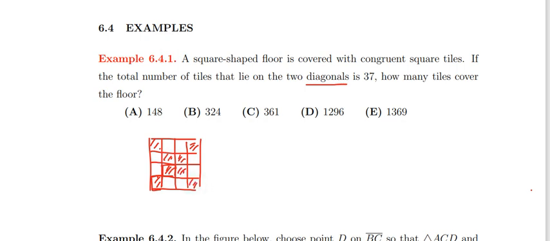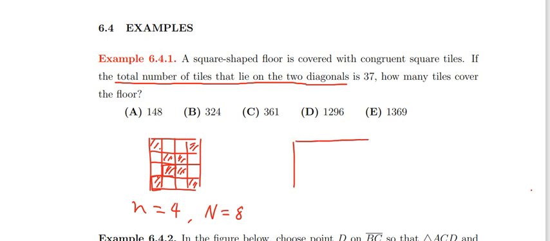So in this case, if the side is n, we can look at if n equals 4, total number of tiles that lie on the two diagonals is 8, right? Okay, so let's check one more. So if n equals 5, 1, 2, 3, 4, 5.